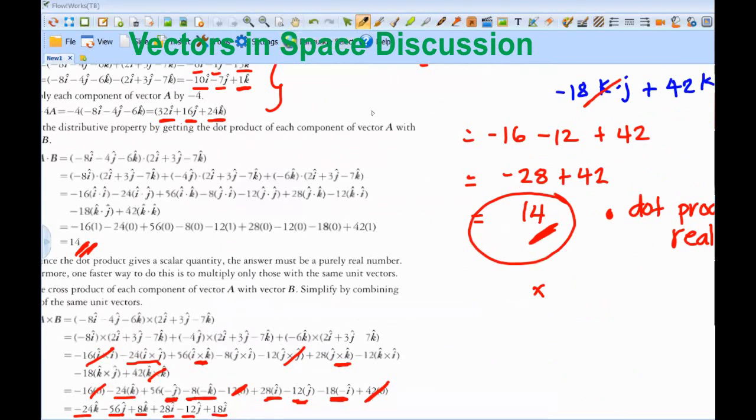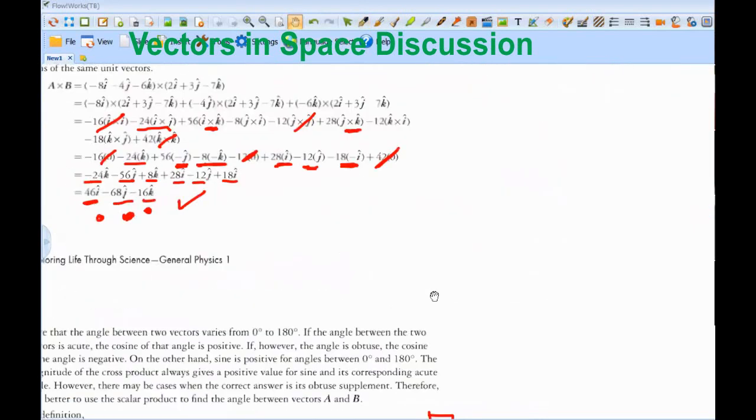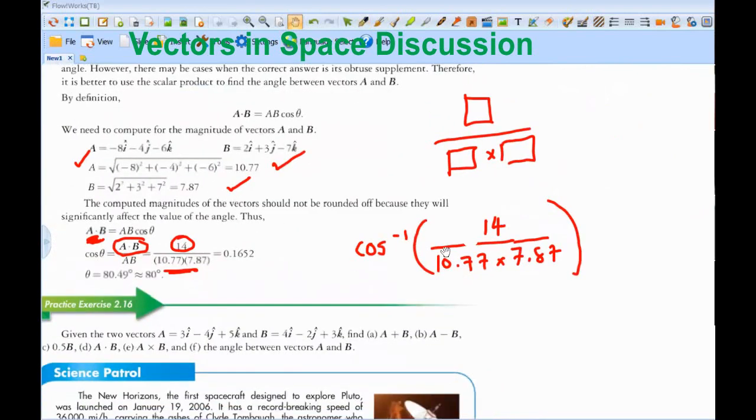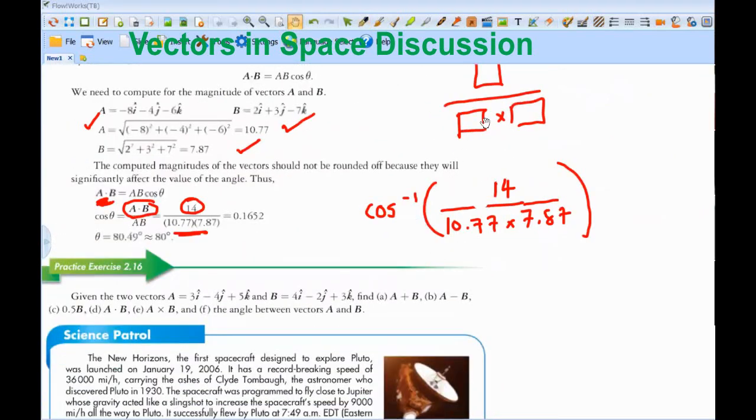Sir, we can't round off A and B? No, sir, you can round up. So how would we press this in the calculator directly? Cosine negative 1 and 14 over 10.7 times that. You need to get 80.49.